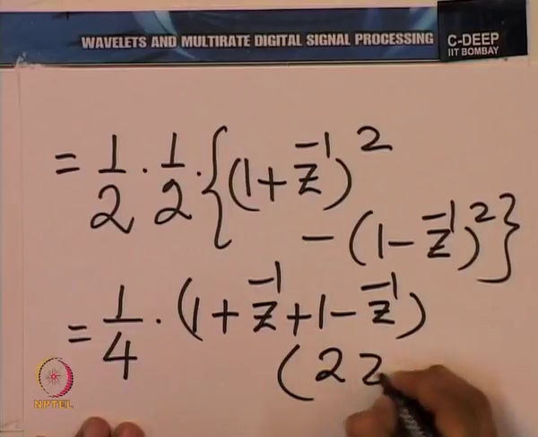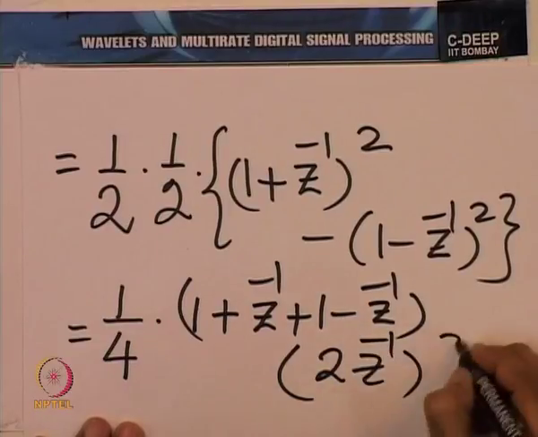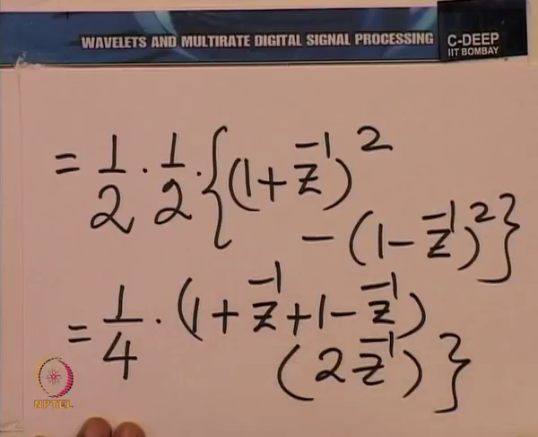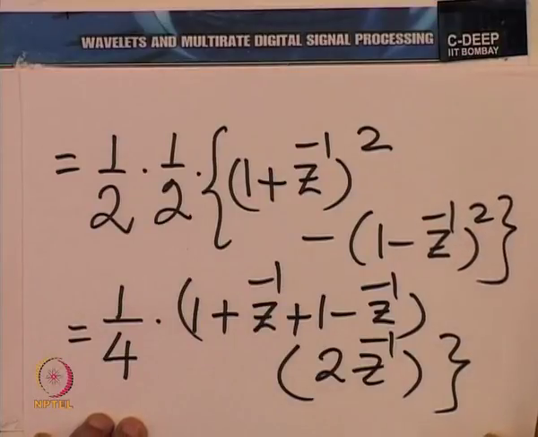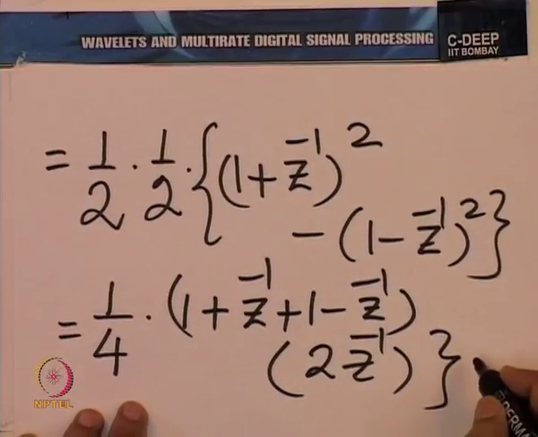So, 2 z inverse, and here of course, the z inverse cancels, and here we have z inverse surviving, and all in all this is equal to 1.